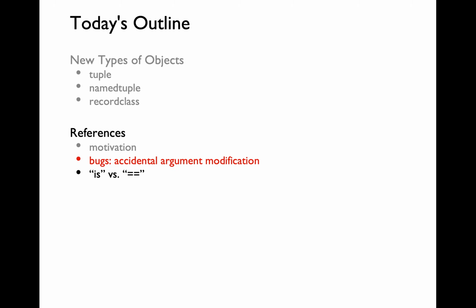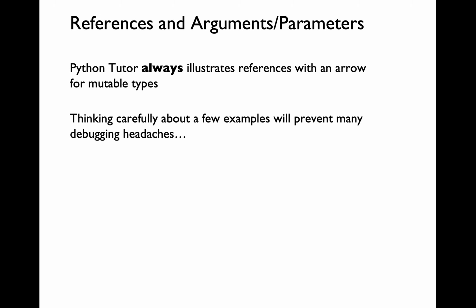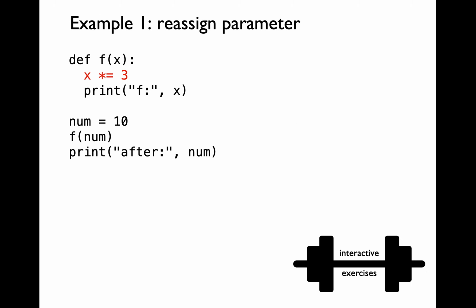Let's go through certain examples via Python Tutor. You are going to have multiple different ways to go through these examples on your own. I would encourage you to just watch the lecture video instead of trying to follow along with it.